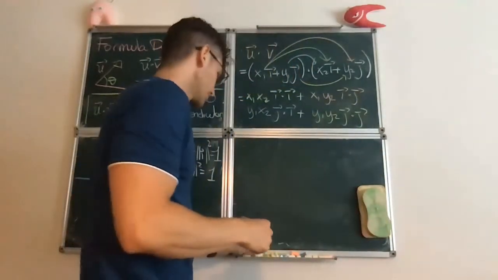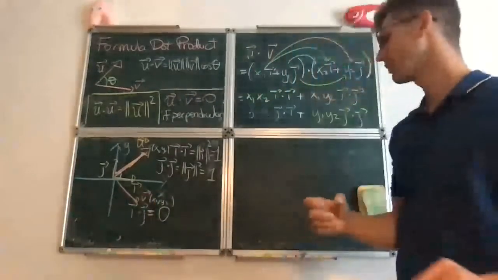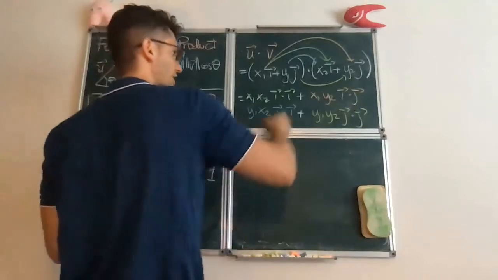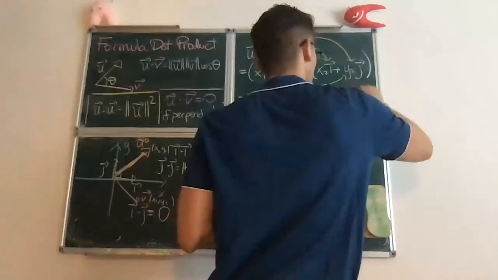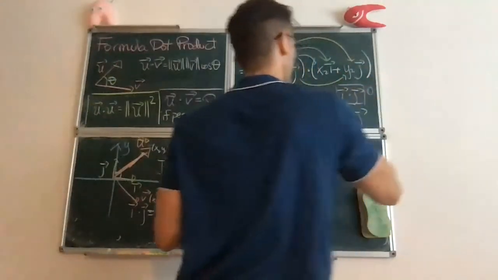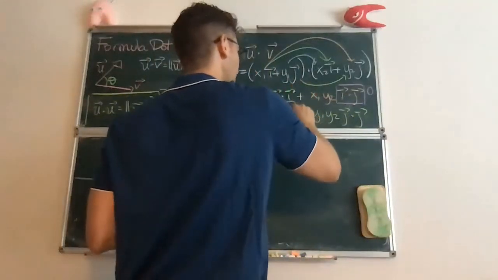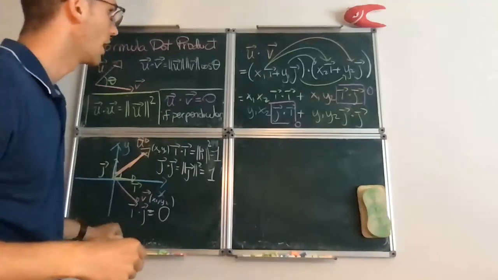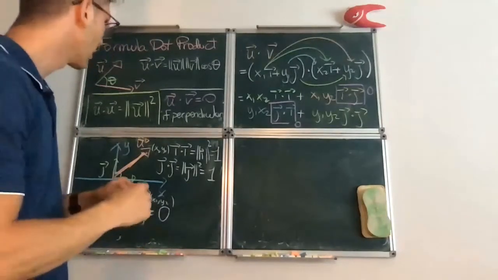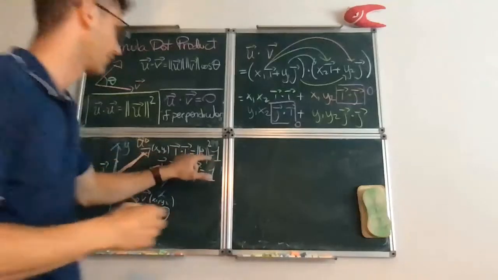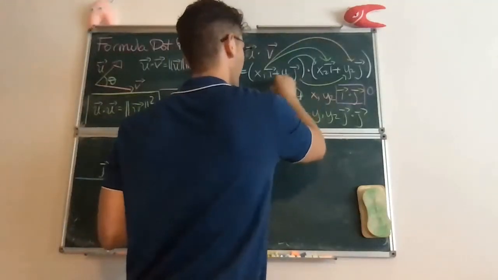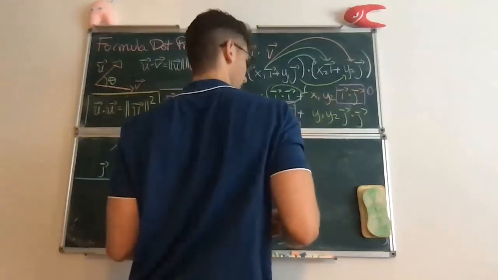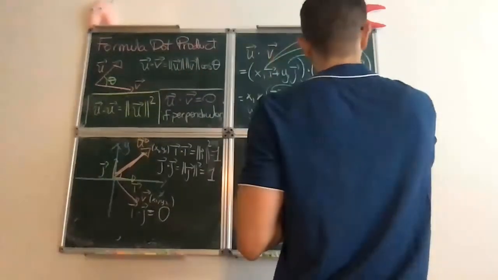Okay, and so again we come back to these properties, where i dot j and j dot i are 0 because they're perpendicular, right? And then i dot i equals 1 because we just found that before, and j dot j equals 1 as well.